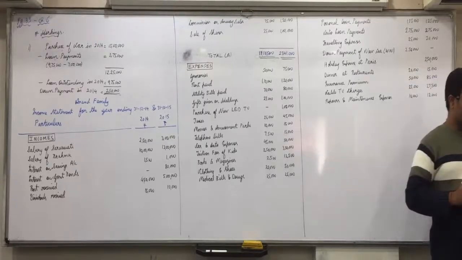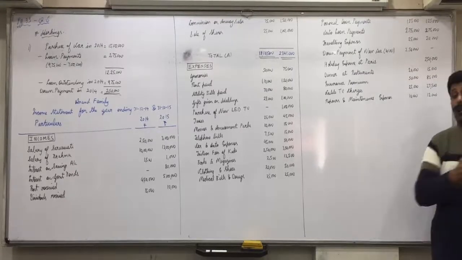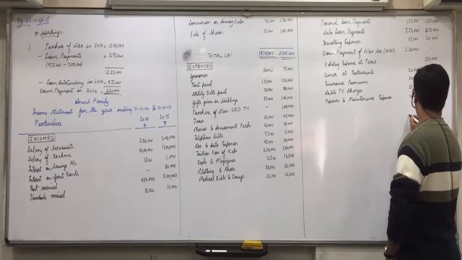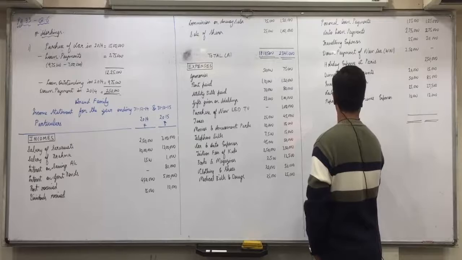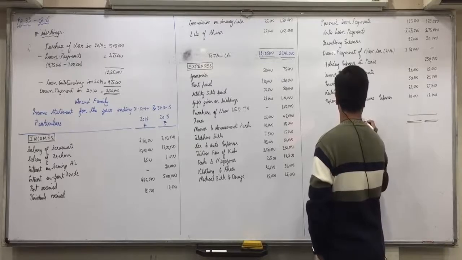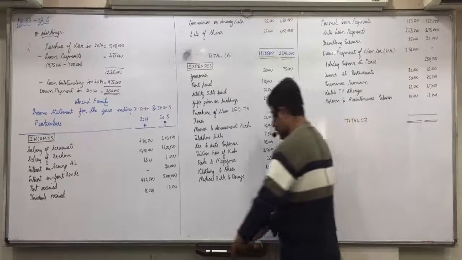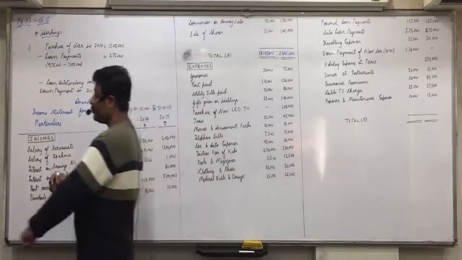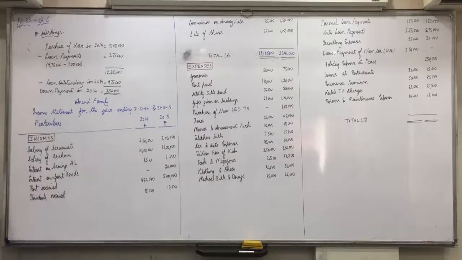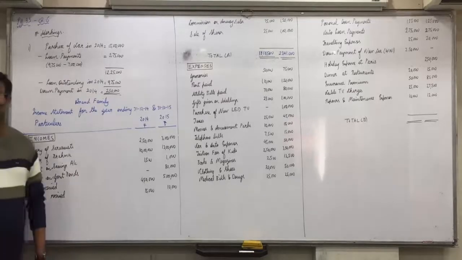Okay. As I said, here also leave one or two lines and with pencil write the total. Yes, what does it come to? 14 lakh 18,000 and?